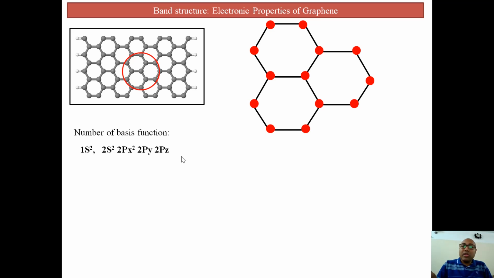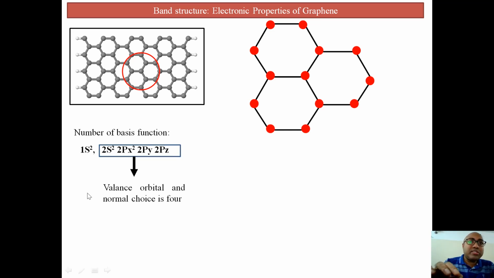So here we have to just think about how many valence orbits are there. So this is my valence orbit, like 2 shells or principal quantum number 2: 2s, 2px, 2py, 2pz.